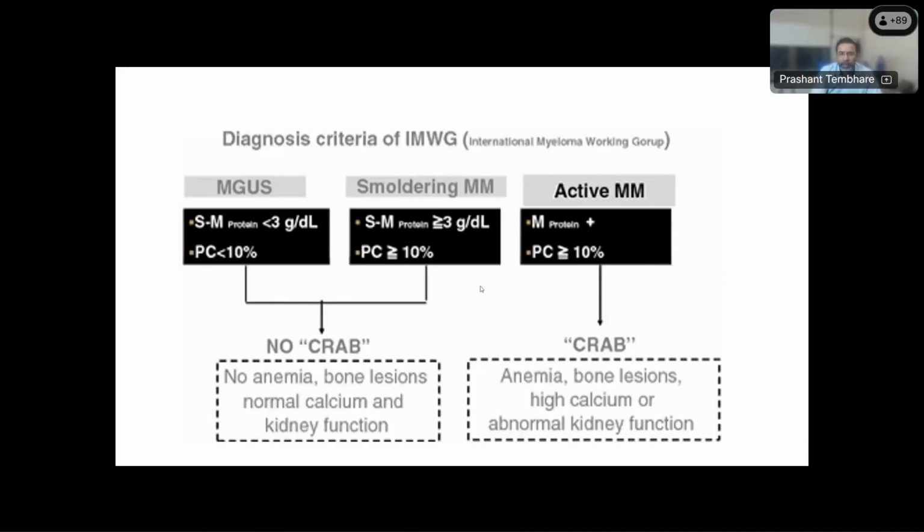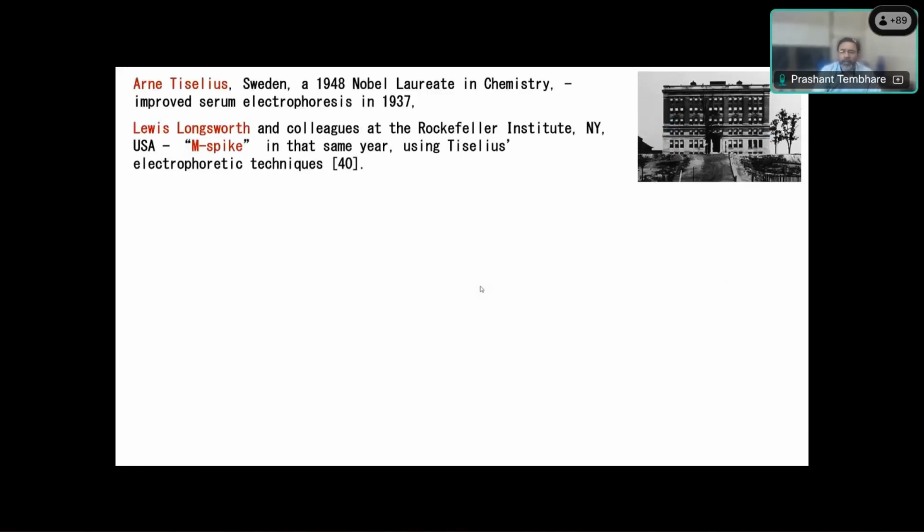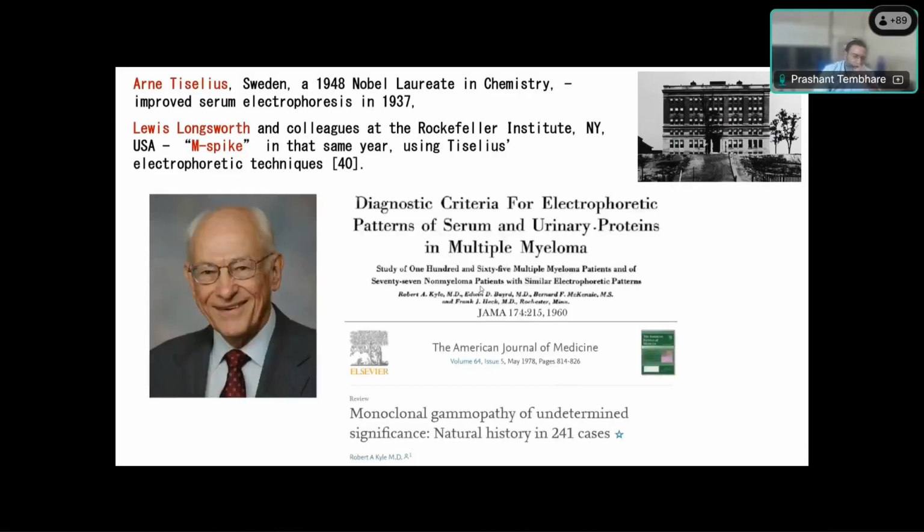Okay, we have already discussed this. Now there is a historical fact, but I am skipping it. But you have to remember this person. Anybody knows this person? Everybody has to know about this person. This is Robert Kyle.